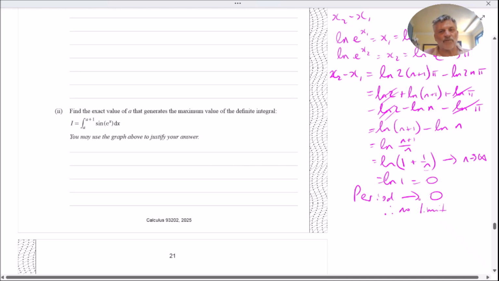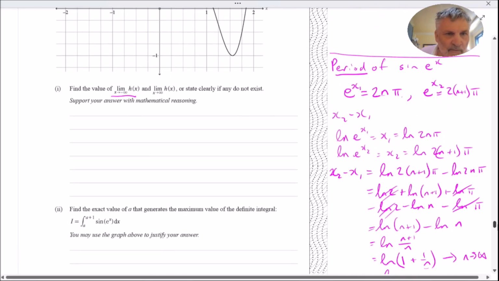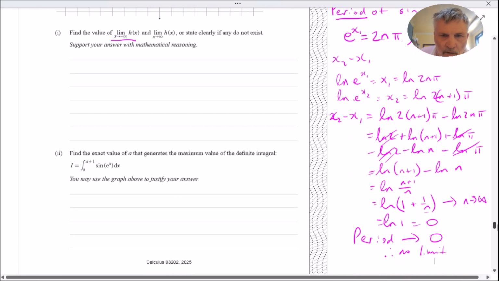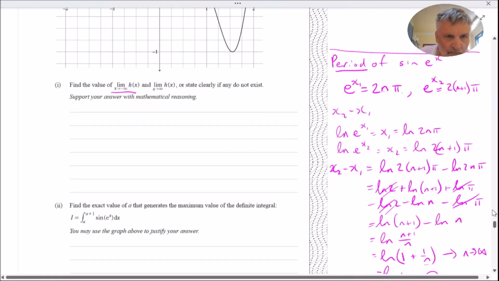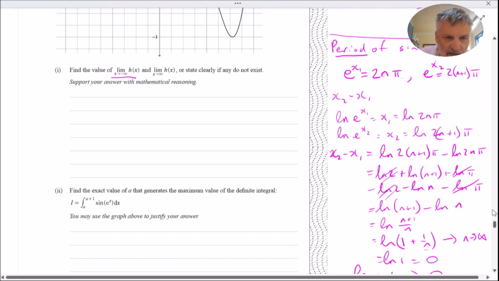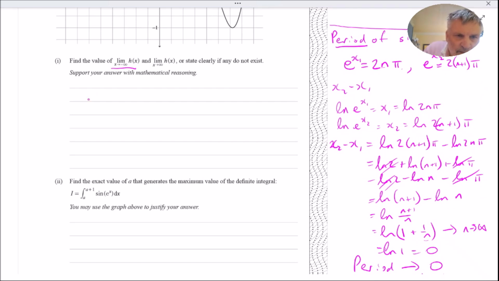At one instance, we're up at 1. Next instance, we're down at -1. And this is just happening so rapidly. Then part 2 says find the exact value of A that generates the maximum value. So let's write up here first.